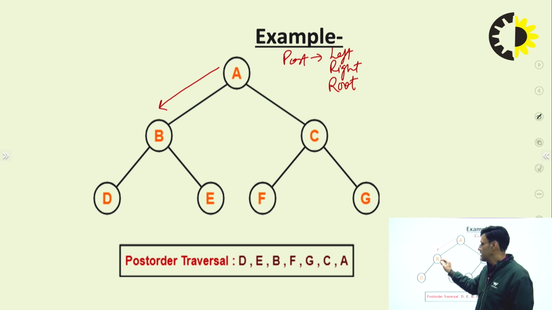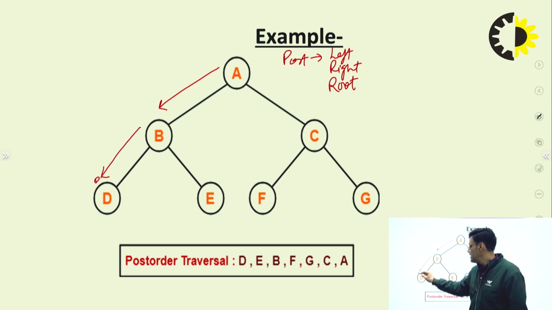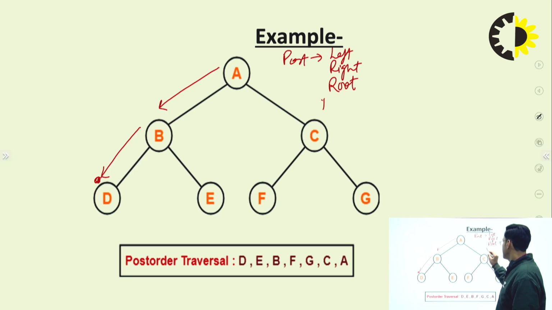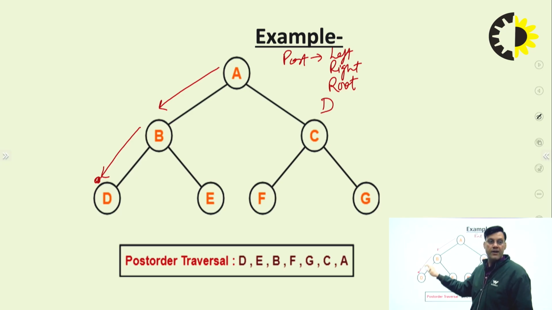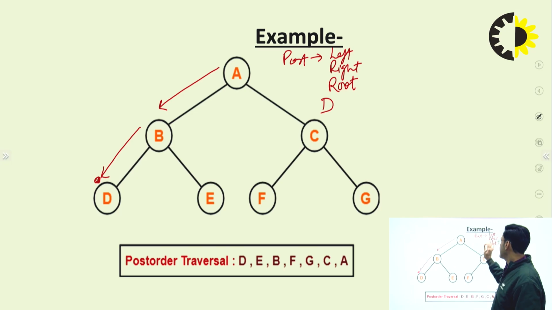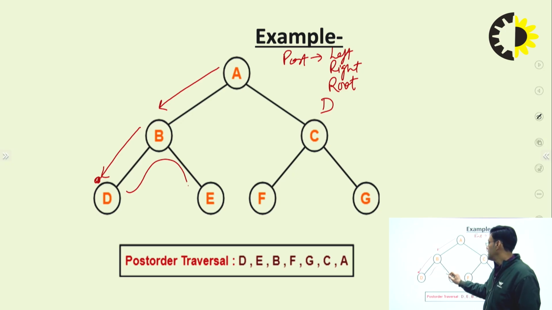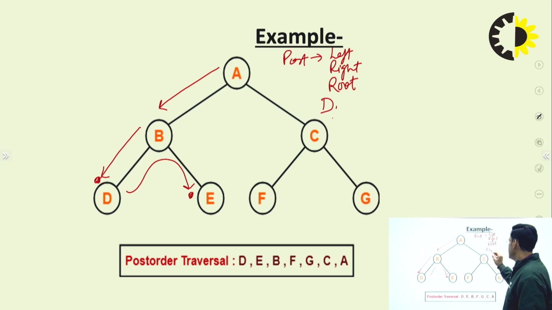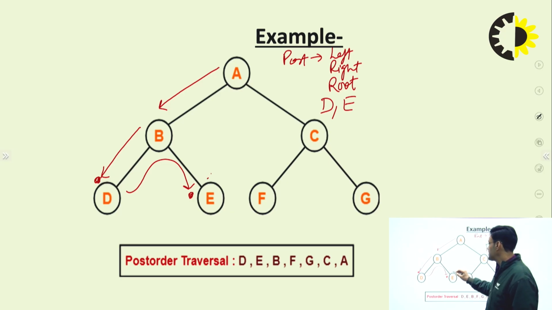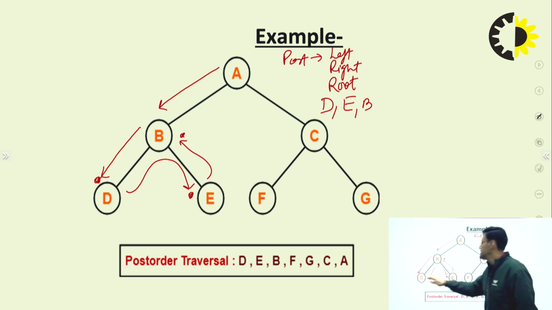When we reach this, we come to know that there exists some left node. Then we will print this is the leftmost node of a left subtree. Then we will print D. After left, we will proceed towards right. E. At last, we will give priority to the root. Then we will print B.